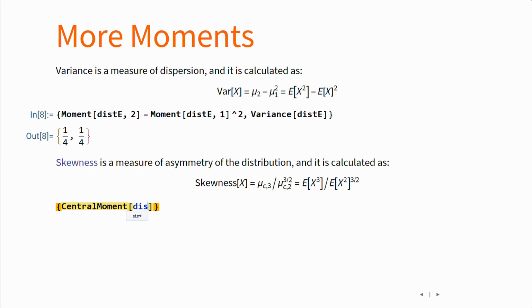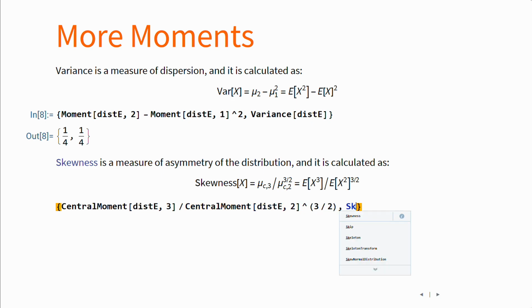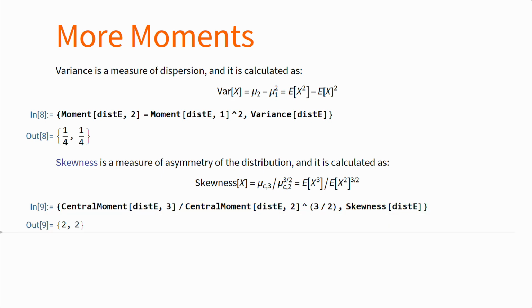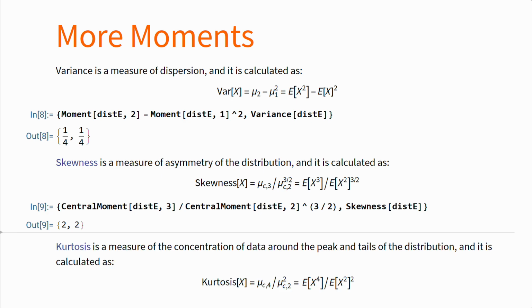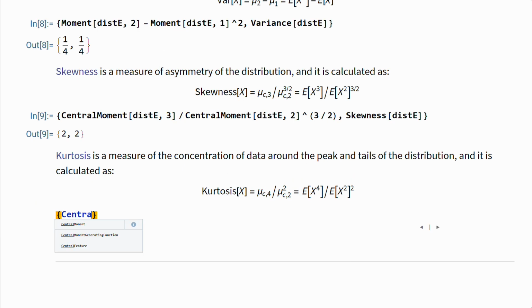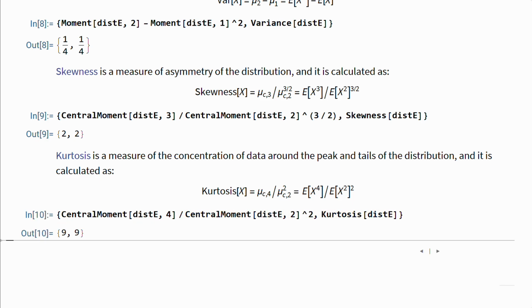It's calculated as the third moment divided by the second moment to the power 3 over 2, or the skewness function. Finally, the fourth characteristic is the kurtosis, which characterizes the concentration of data around the peak and tails of the distribution. It's calculated as the fourth moment divided by the second moment squared, or the kurtosis function.